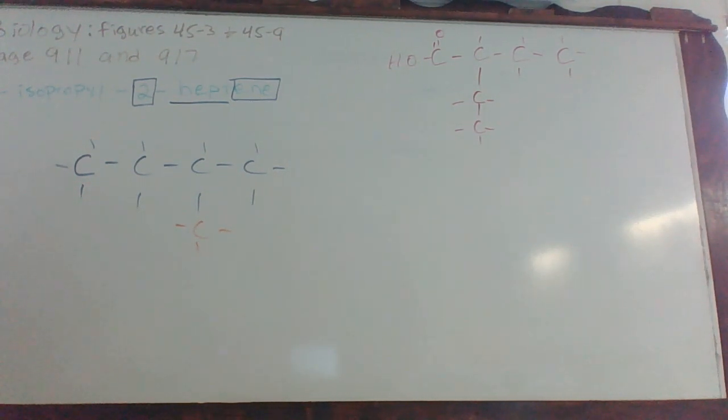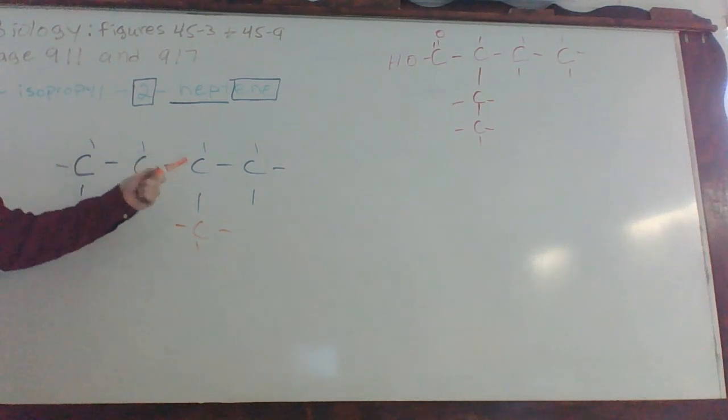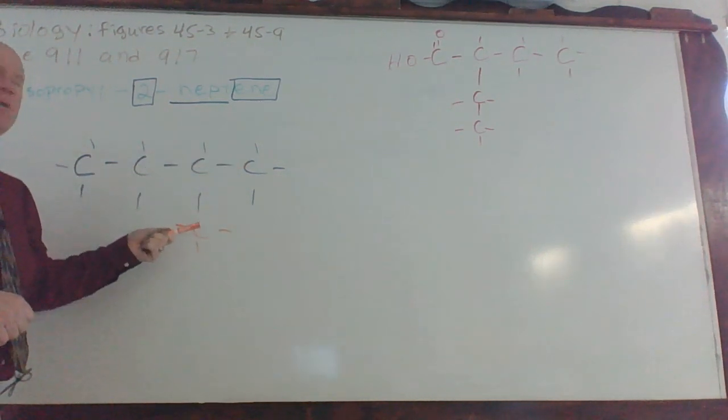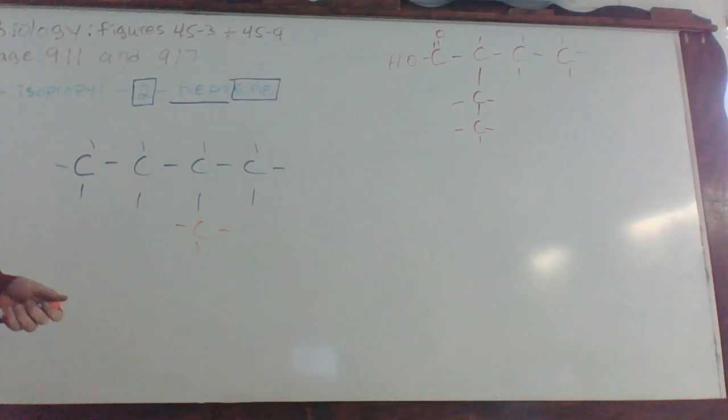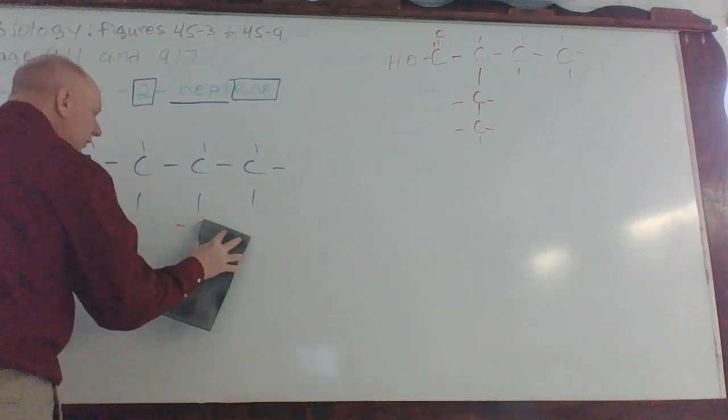Yeah, you can still count them. 4 and 1, right? There's 5. How many hydrogens? 3, 5, 6, 9, and 3 more is 12. Butane. So that's one isomer.